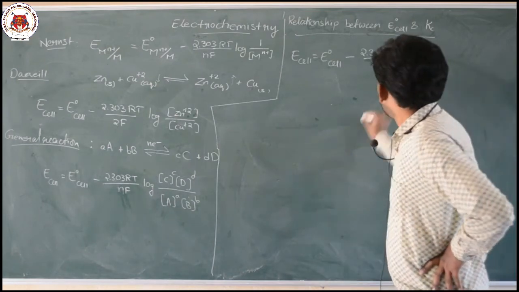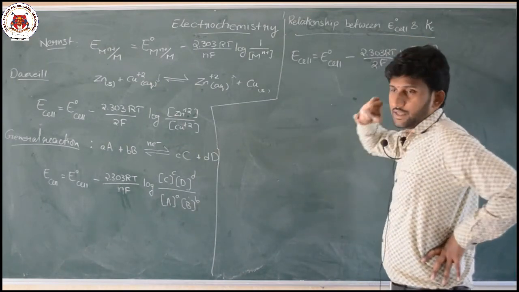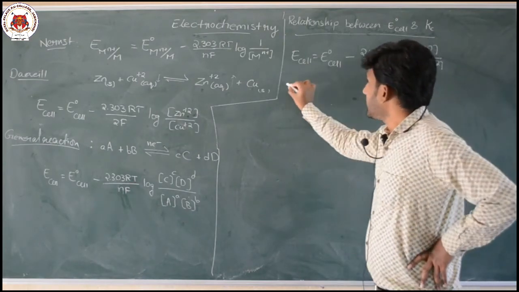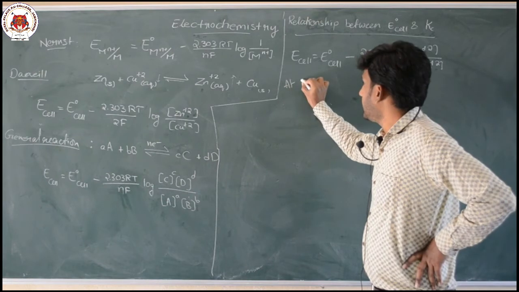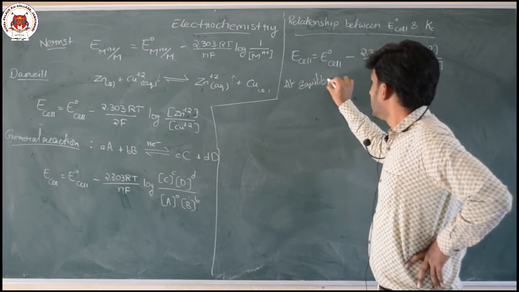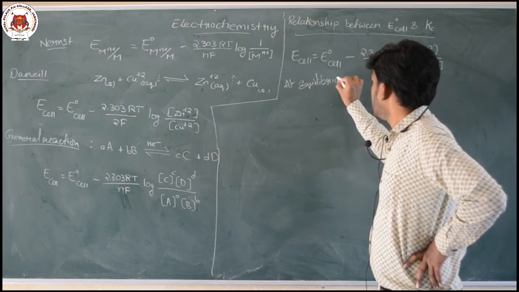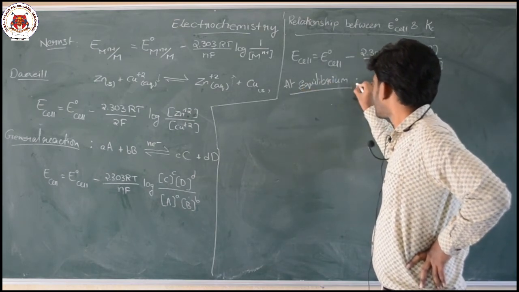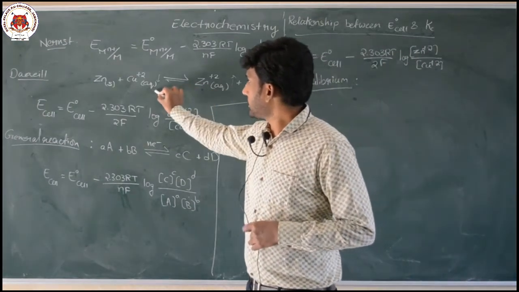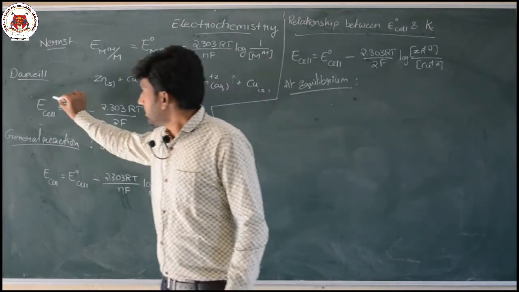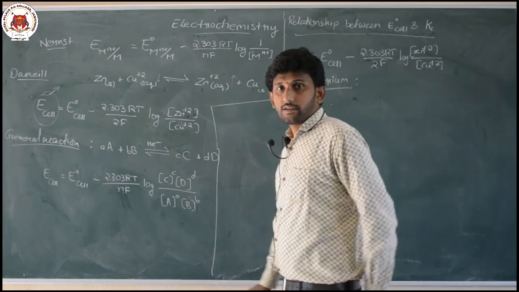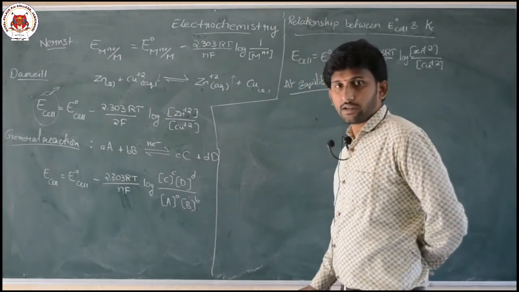Now, to get the relation between the EMF of the cell and the equilibrium constant, we are assuming that the reaction is at equilibrium. Just now I said, when this reaction is at equilibrium, the net EMF of the cell will be constant. Why?